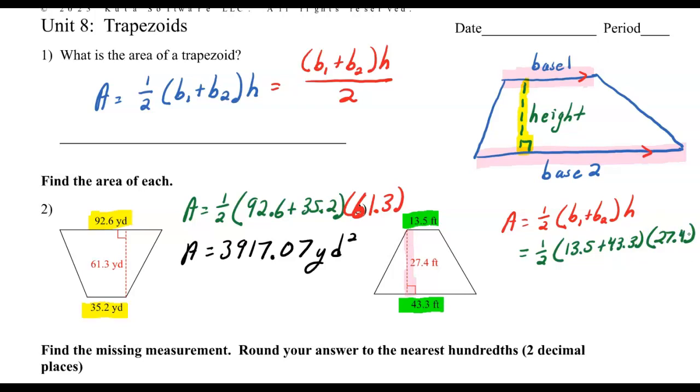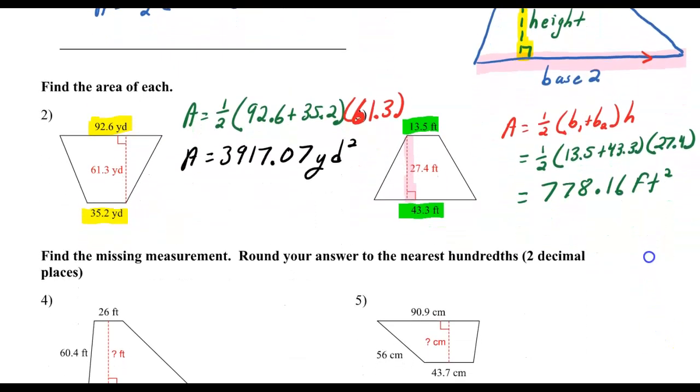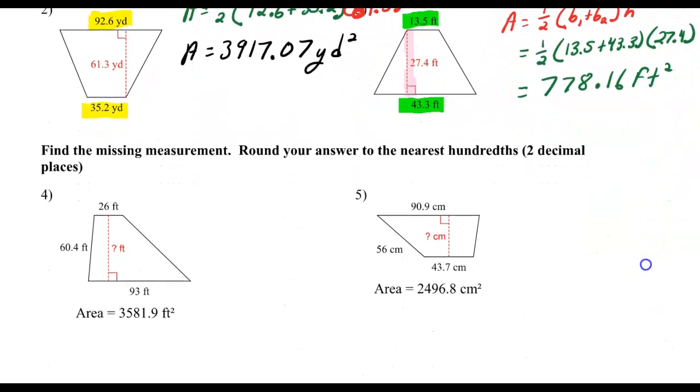On my calculator, I'm going to type 0.5 times parenthesis 13.5 plus 43.3, close the parenthesis, times 27.4. When I do that on my calculator, I get the area is 778.16 square feet.